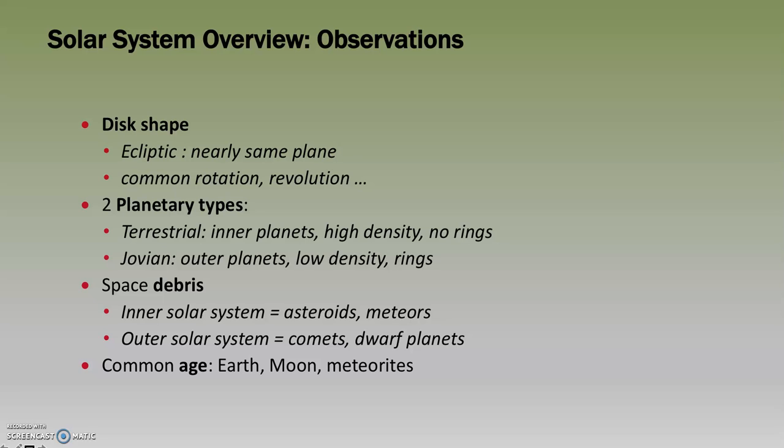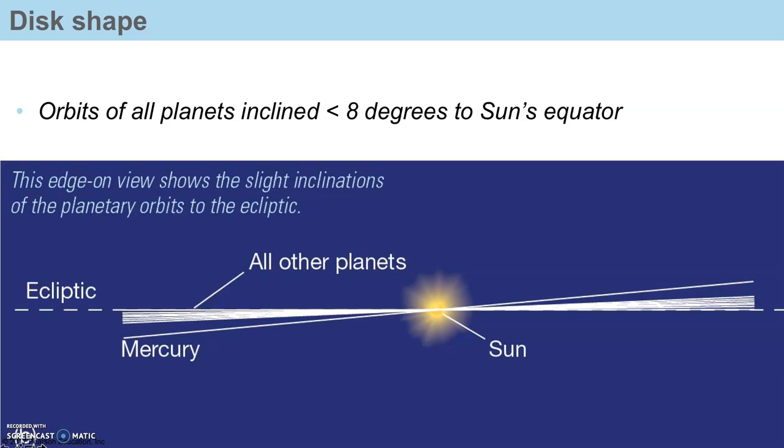And we're going to learn about what we know about the age of our solar system based on different areas that we've surveyed, and they all seem to come up with the same answer. So let's go into a little bit more specifics, and then we'll go into the theories that address all of these common observations.